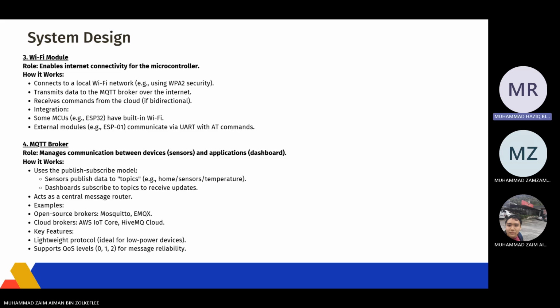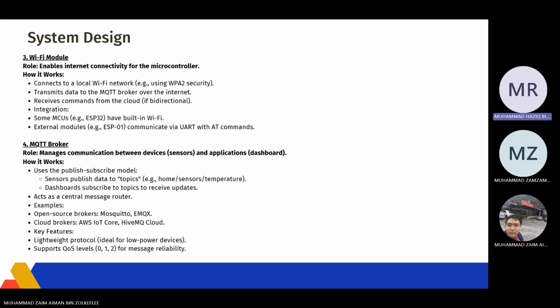For the MQTT broker, the role is to manage communication between the device, which is the sensor, and the application, which is the dashboard. How does it work? It uses the publish-subscribe model, where the sensor publishes data and the dashboard subscribes to a topic to retrieve updates. An example topic is home/sensor/temperature, and the broker acts as a central message router.